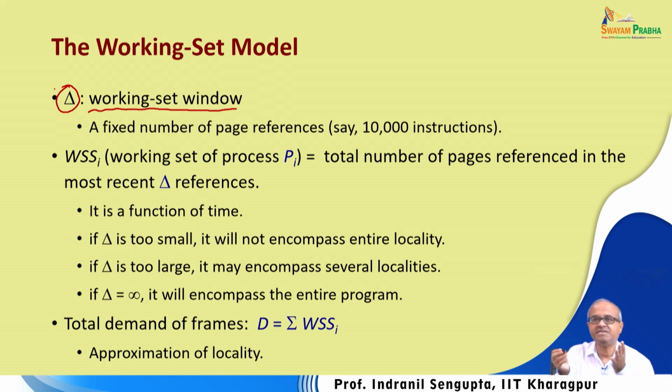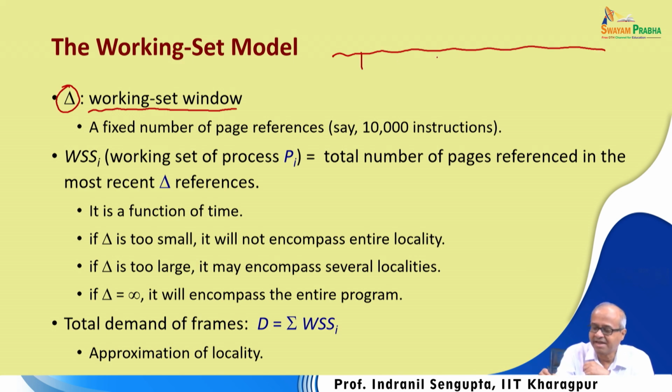When a process is running, a sequence of pages will be accessed. Earlier, when we discussed page replacement algorithms, we talked about the page reference string. Here too we are talking about the page reference string. Suppose I have a very long page reference string.